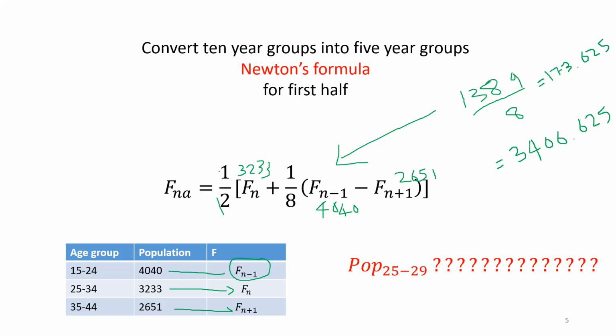If you divide that value by 2, you will have the answer as 1,703.3125.